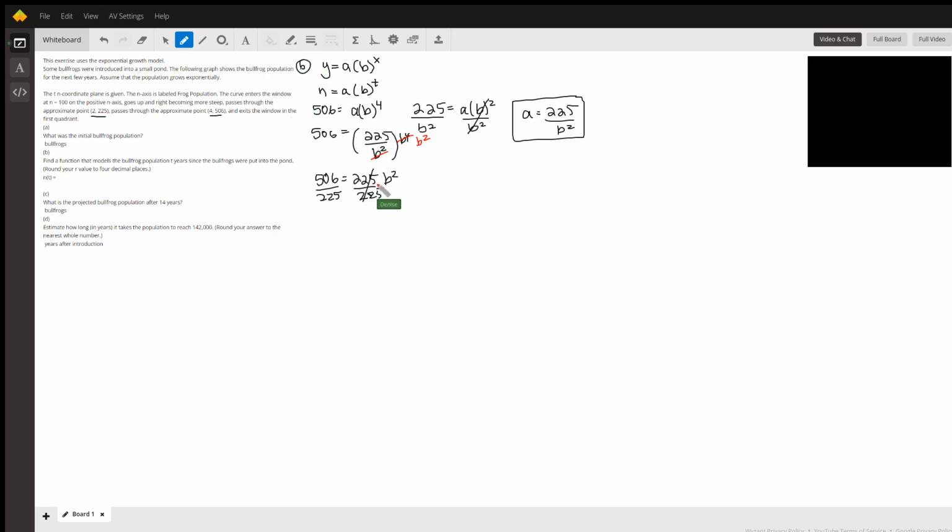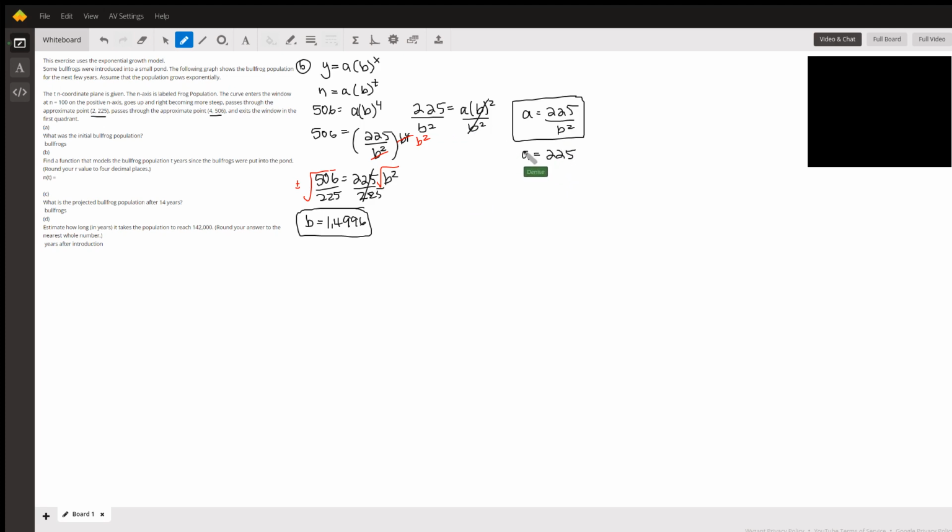And last but not least, take the square root of both sides. Normally this would be plus or minus, but since this is a word problem, we only need to look at the positive value. So this gives us a b value of 1.4996.